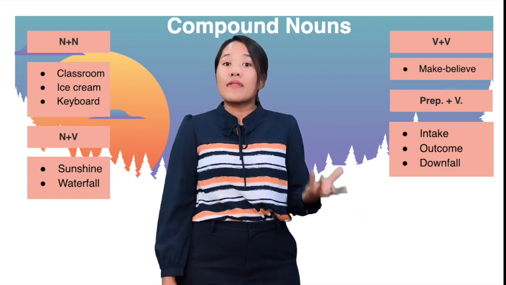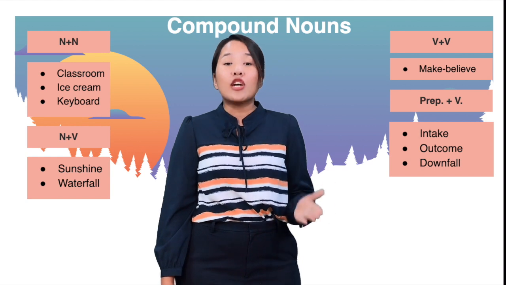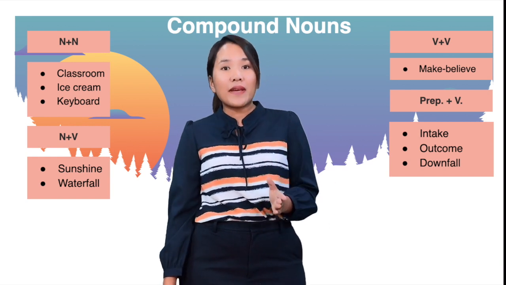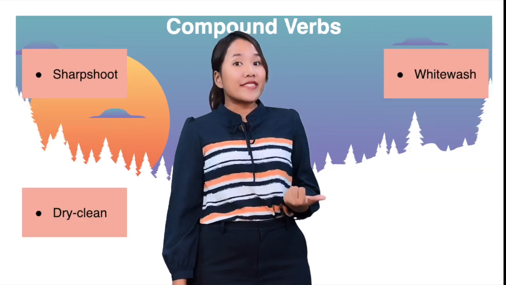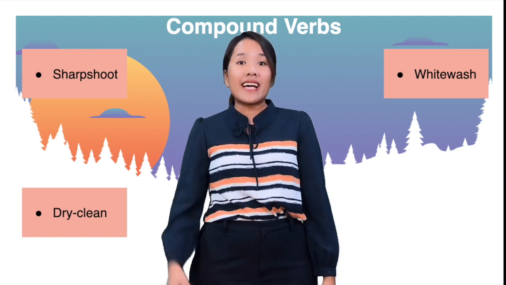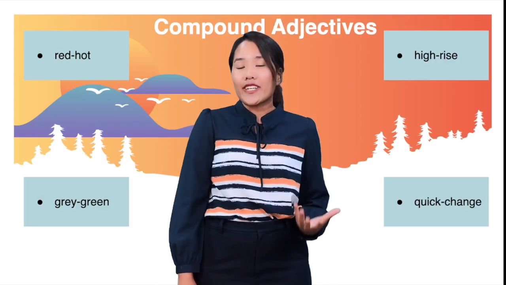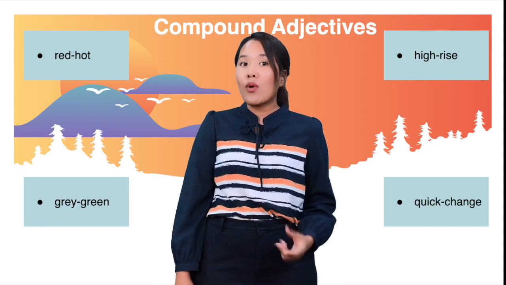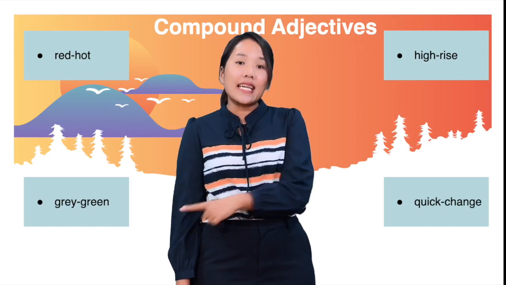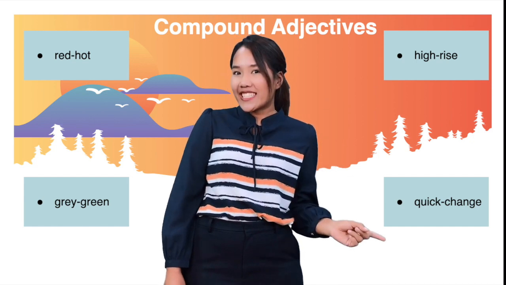Simply said, the part of speech of the compound does not rely on the part of speech of its elements. We also have compound verbs such as sharpshoot, dry-clean, whitewash, or compound adjectives. For example, red-hot, gray-green, high-rise, quick-change.